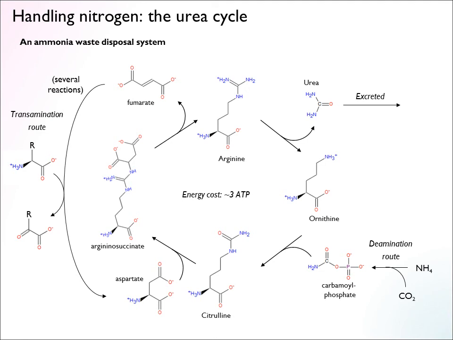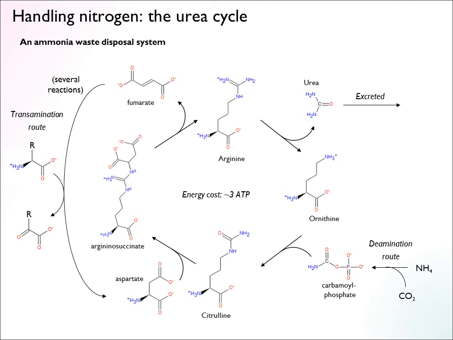This cycle is energetically costly. A couple of these reactions require ATP. I haven't put in all the details here, but in the end you have a cost of about 3 ATP to produce 1 urea, so about 1.5 ATP to capture an ammonium group.